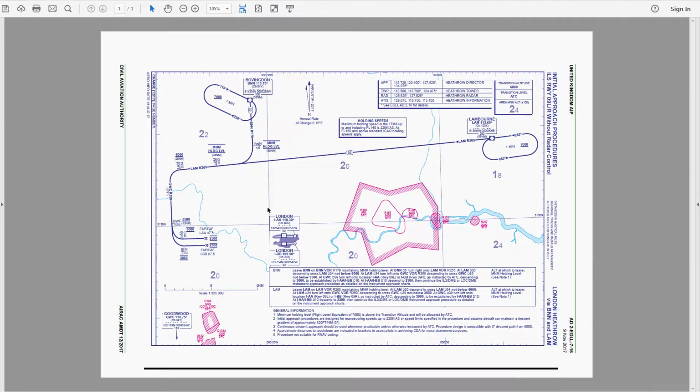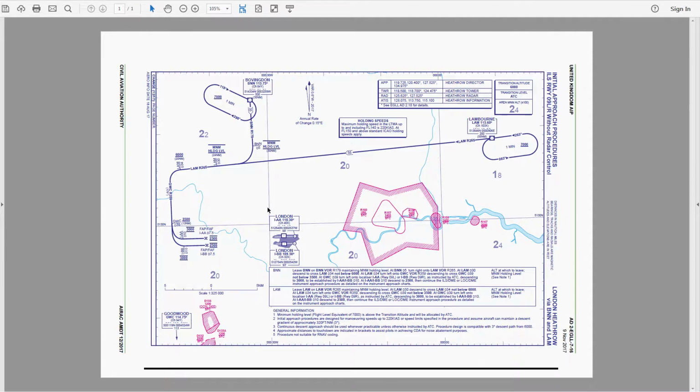Air traffic control would be, at this point, who would you be with? You'd probably be with the approach controller for London, so you'd be with Heathrow Director more than likely, or perhaps Heathrow Radar.